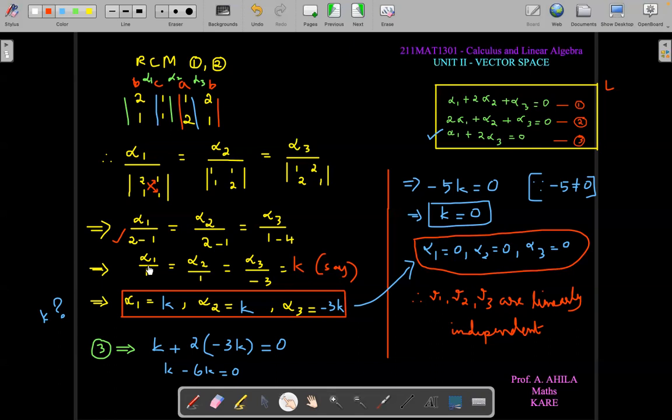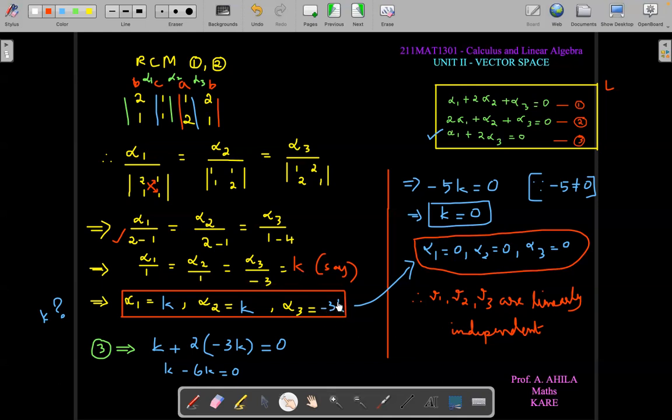Equating each fraction with this k, we can get the values of alpha 1, alpha 2, alpha 3 with respect to k. Alpha 1, you cross multiply this 1 with this k, so 1 into k, that is k. Alpha 2 means 1 into k, cross multiply, so that is also k. Alpha 3 means minus 3 into k, that is minus 3k.